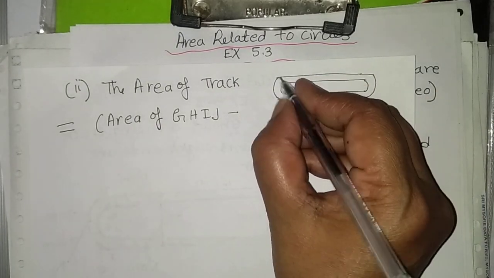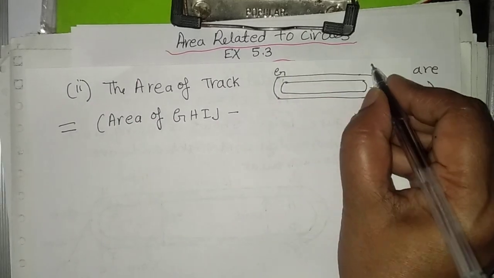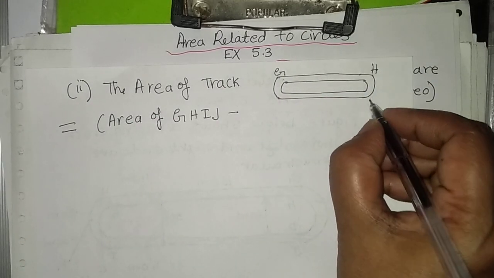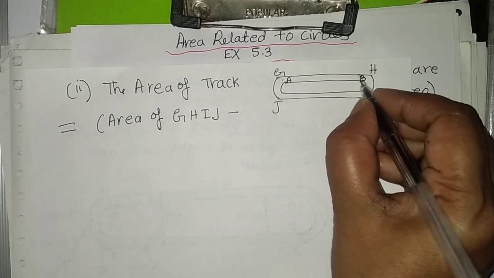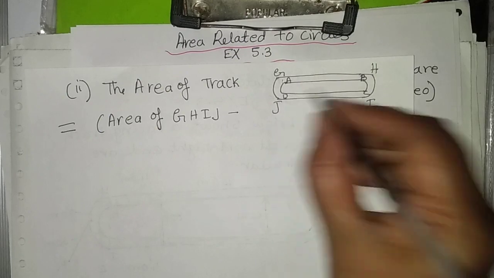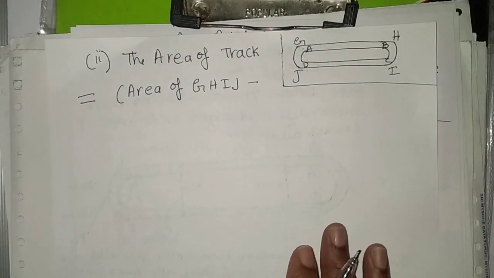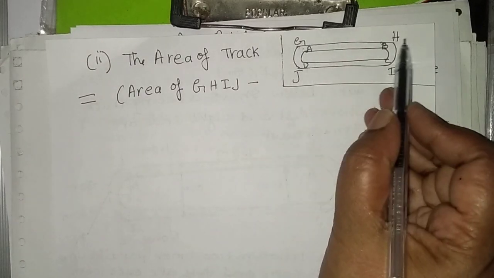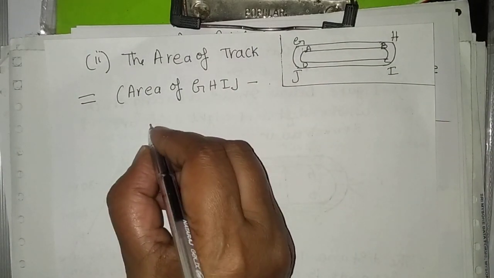Next, this is GHIJ, and this is ABCD. So what is the next part? The area of GHIJ minus the area of ABCD.